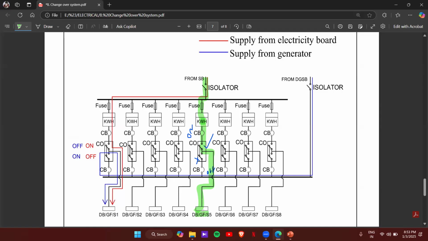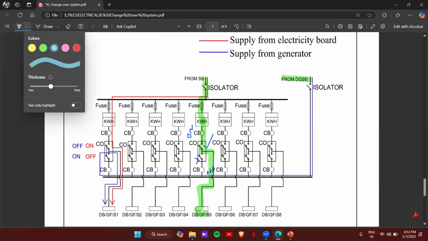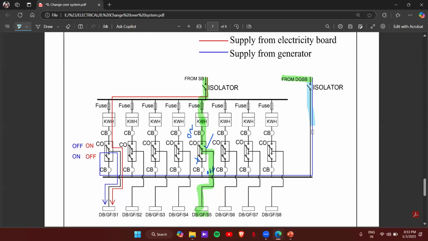In case of backup, this is from the DG panel, or let's say the emergency panel itself. From the emergency panel we'll provide supply, and it will come through here and go to this bus bar.